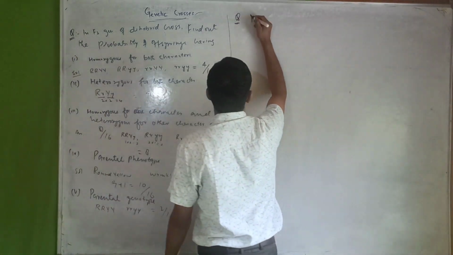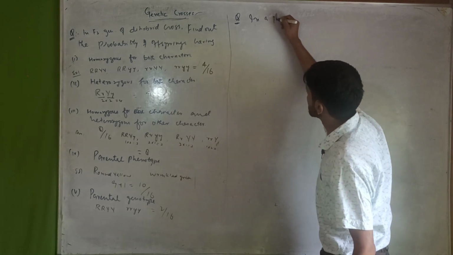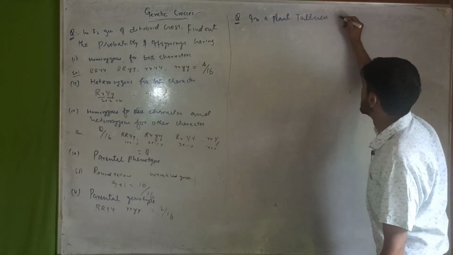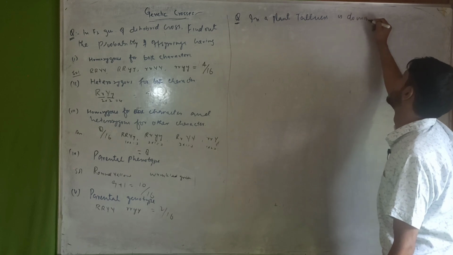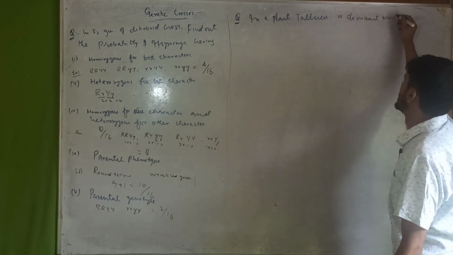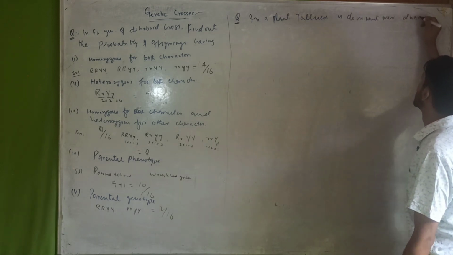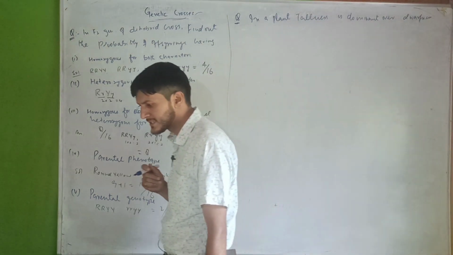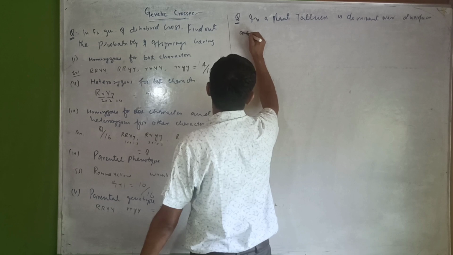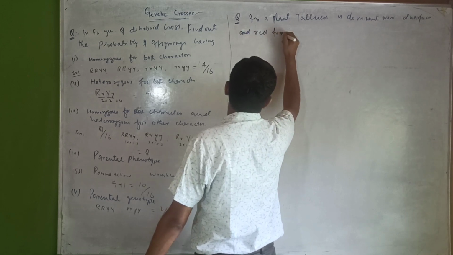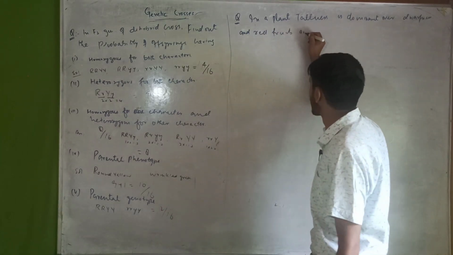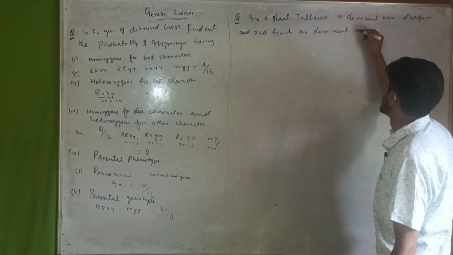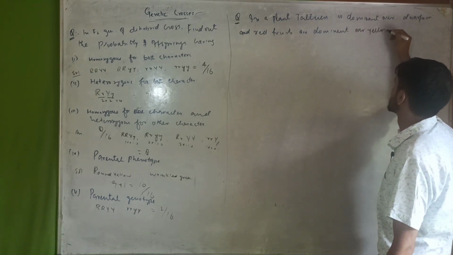In a plant, tallness is dominant over dwarfness, and red fruits are dominant over yellow fruits.